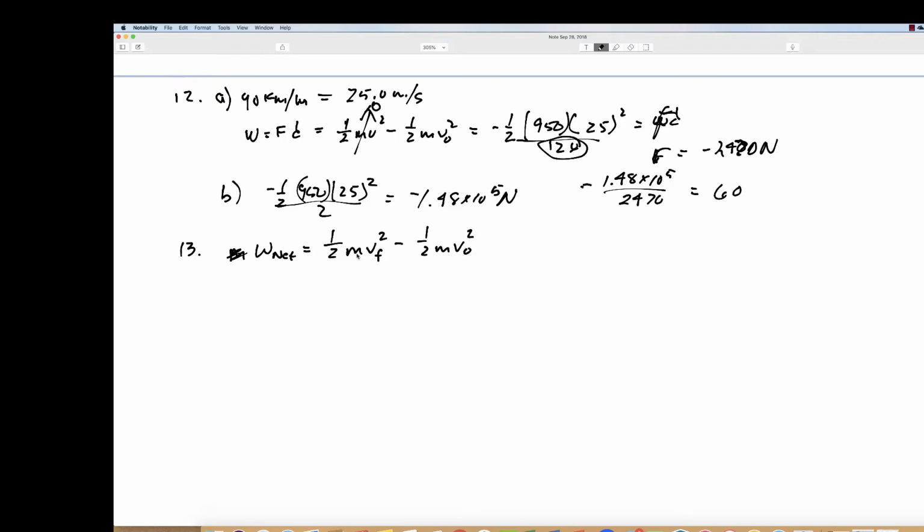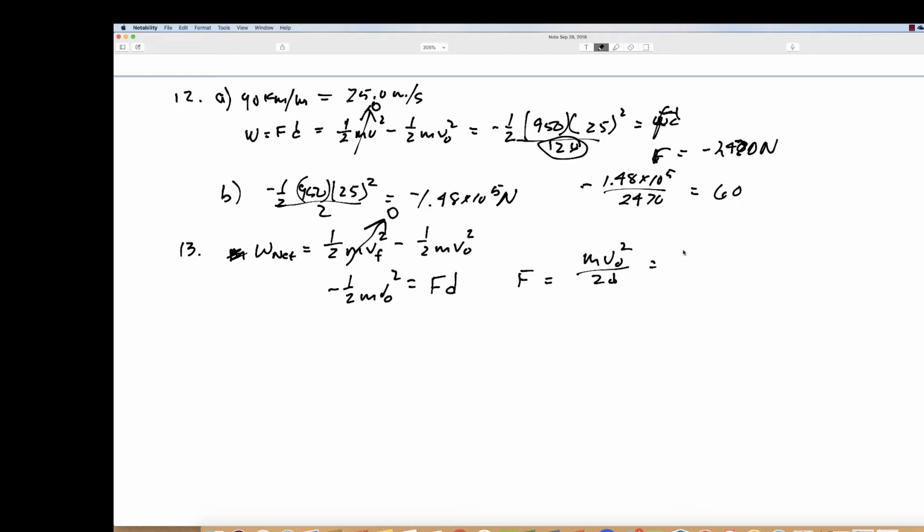And again, because we're bringing it to a stop, this is going to be 0. So the net work performed is going to equal minus 1/2 m v0 squared. And that work is going to equal F times the distance. So the force is going to equal m v0 squared over 2 times d. And that moves this 2 down here.